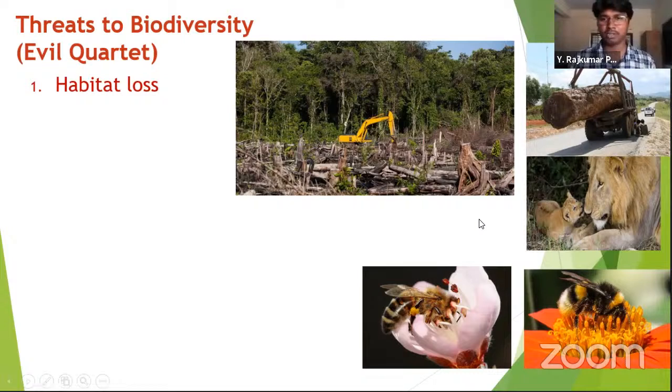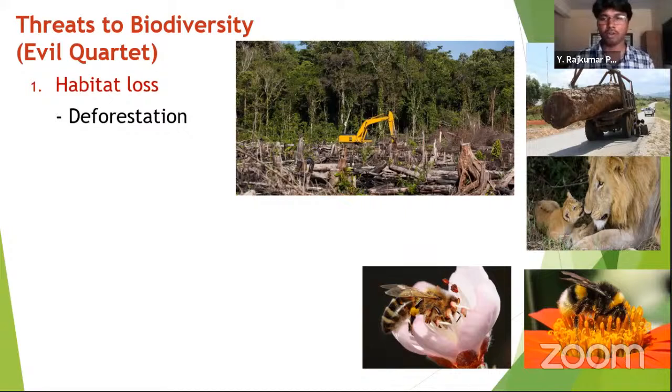How is the habitat lost? How are we snatching their place of living? By deforestation. Here in the pictures you can see that every year a large amount of forest is being cut down for making furniture or paper, for different purposes, for urbanization and civilization, for making cities and roads.